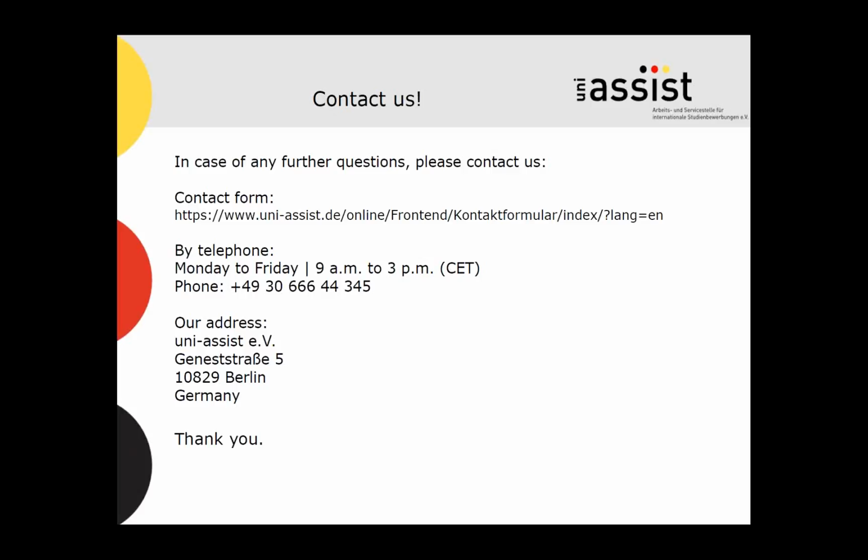So generally, that also depends on when the universities open up the application portal. That means the university starts to allow applicants to hand in applications via our application portal. And that is around May for the winter term.